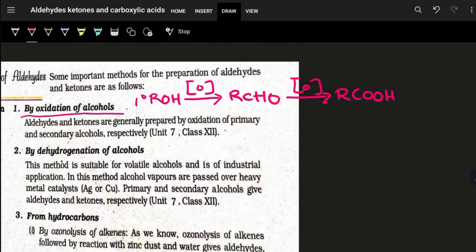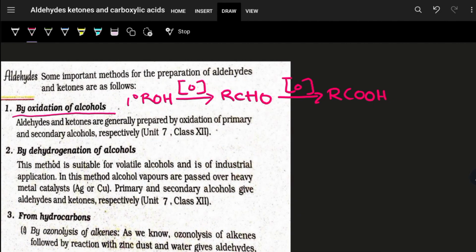Actually I'm writing it just to show that oxidation has taken place. Now 1 degree alcohol can be oxidized by strong oxidation to carboxylic acid. But if we want to oxidize to aldehyde, then we can use PCC, which is known as pyridinium chlorochromate.